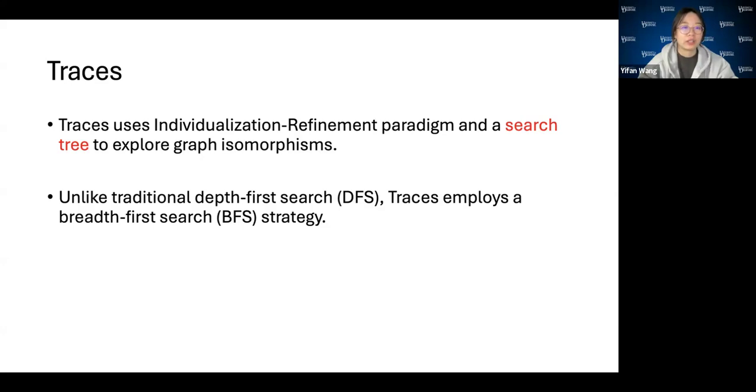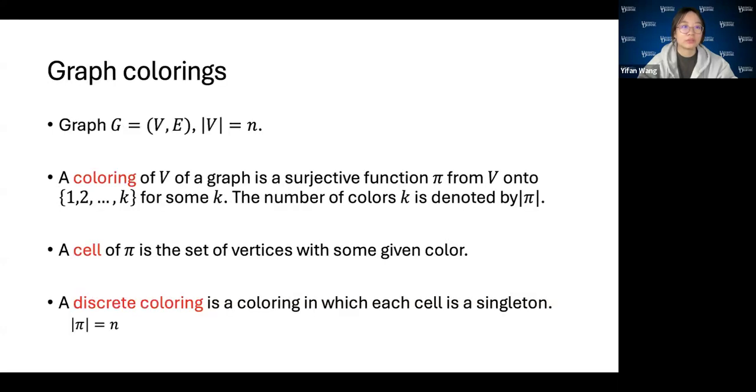Unlike traditional individualization refinement algorithms like Nauty, which use a DFS strategy, Traces uses a BFS strategy. We will talk about it later. Okay, before introducing the algorithm, we will start with some preliminaries.